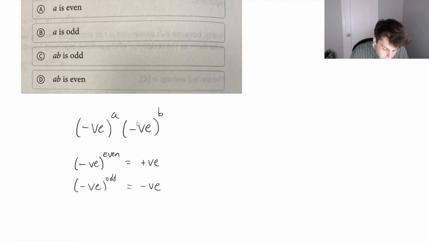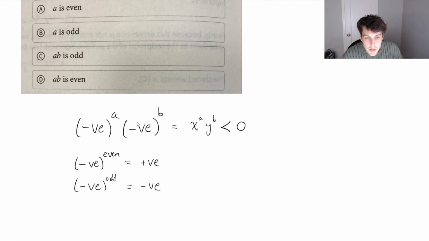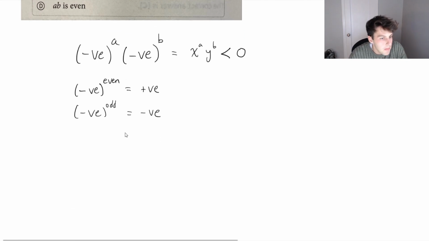Okay. We also know that what we've got here, this is like our x to the a times y to the b. We know that the product of these values is going to be less than 0. So we're looking for something that's going to end up negative. So let's think through here.